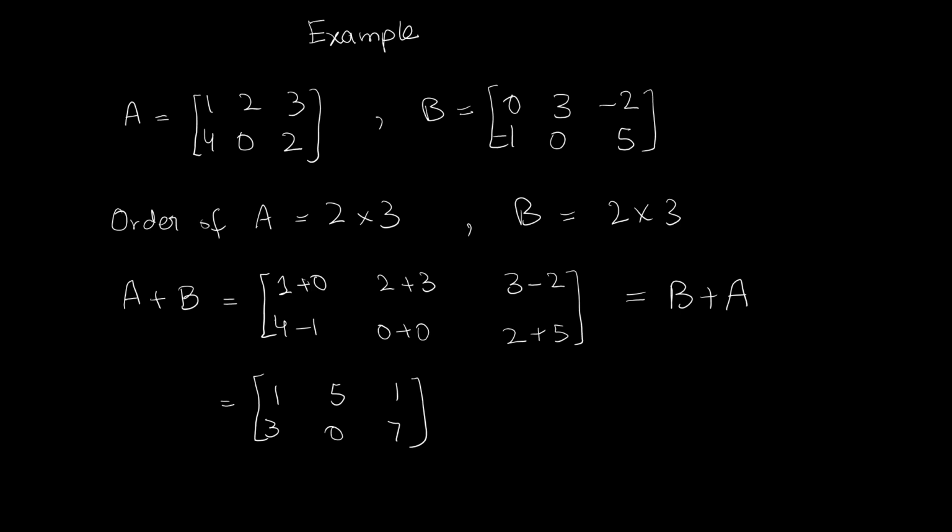Now let's look at subtraction. The same happens with subtraction. You first have to check the orders. Orders must be the same. The only difference is that now you have a negative sign instead of positive. So things will change here.